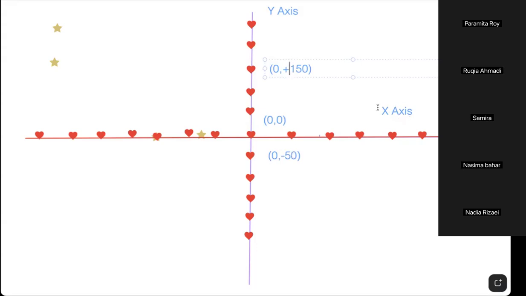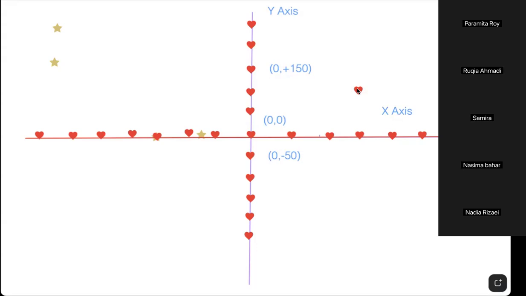Now let's do the x-axis. Let's say my position is somewhere here. See, 50, 100, this is the y, okay? And here, let's say somewhere here. Okay, let's get the heart first. Let's say my little cat is sitting here.